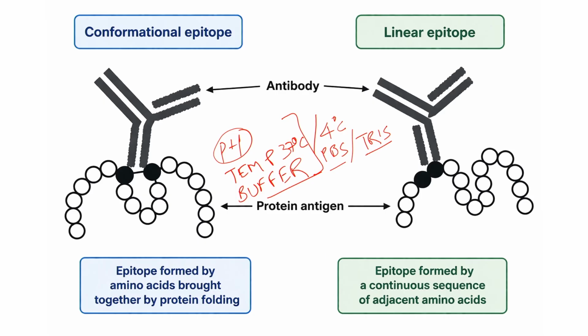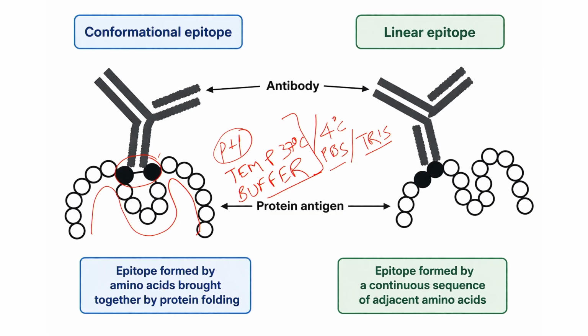Because of this, the conformation of a protein changes gradually based on the pH, temperature, and buffer. So here we can see that this protein is conformationally differently folded, and therefore the areas which are exposed can be identified by the antibody differently.